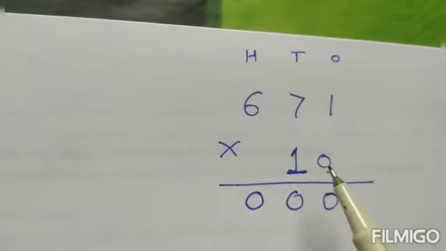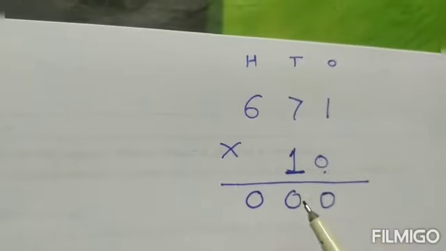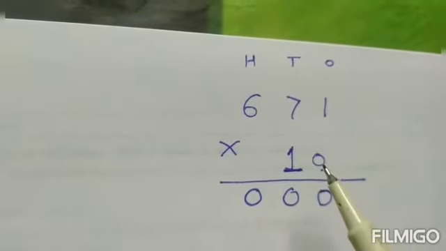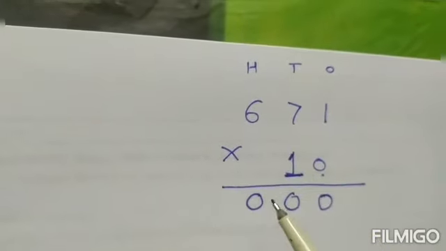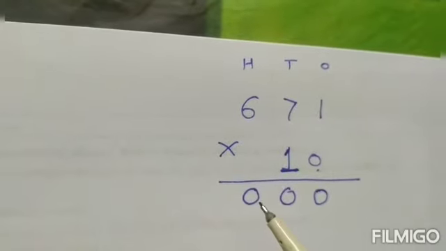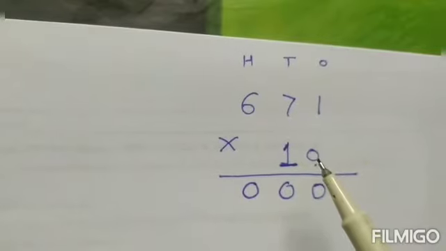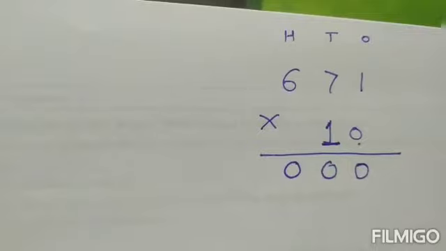Next step is 0 multiplied with 7, answer is 0. Next step is 0 multiplied with 6, answer is 0. Children, we know if we multiply any number with 0, we get the answer as 0.